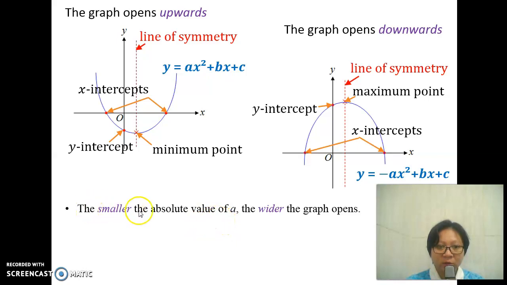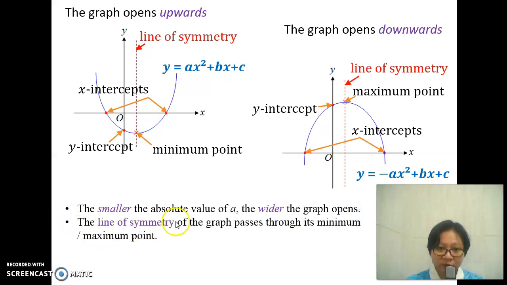Now, the smaller the absolute value of a, the wider the graph opens. The absolute value of a means the positive value, the a value only, not the negative sign.